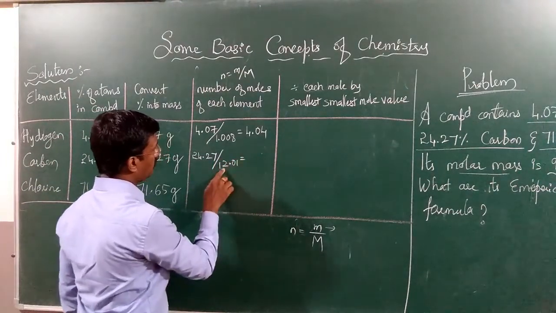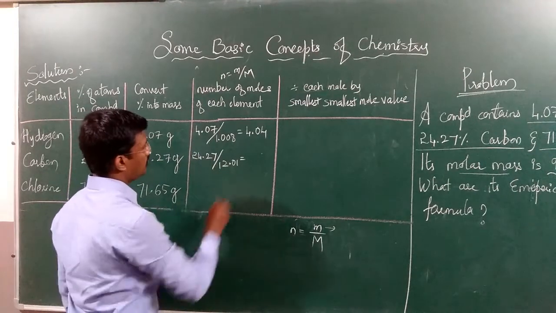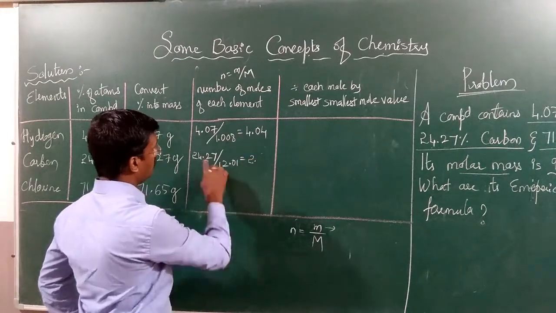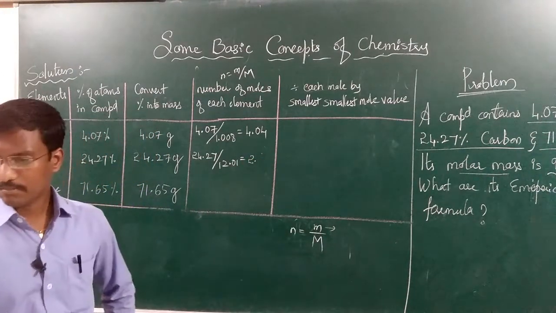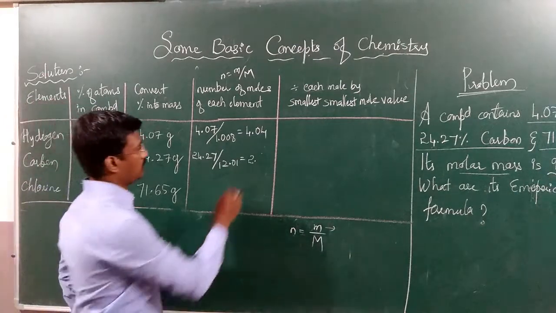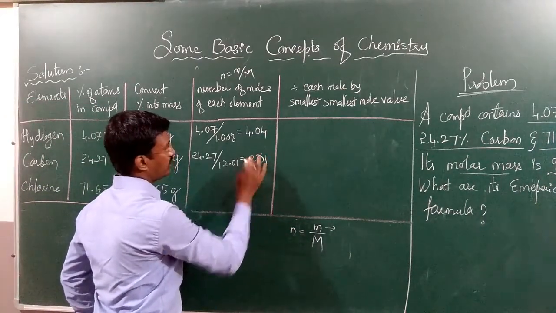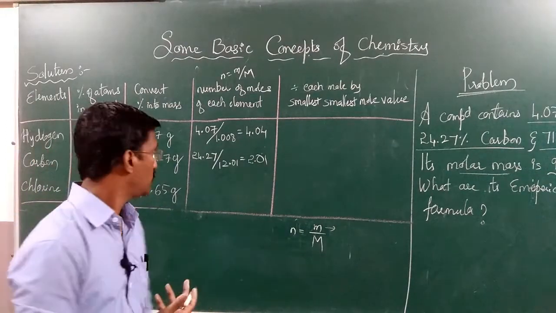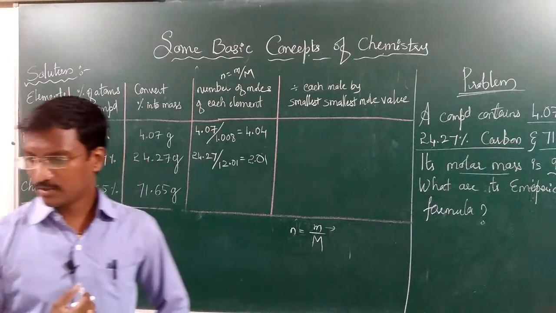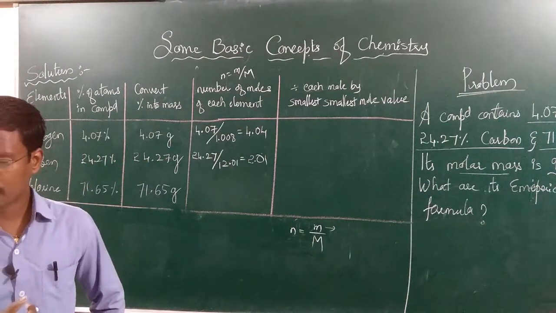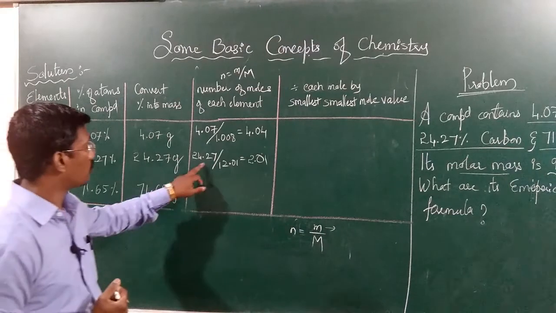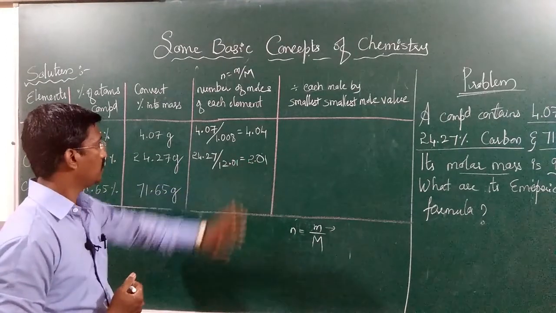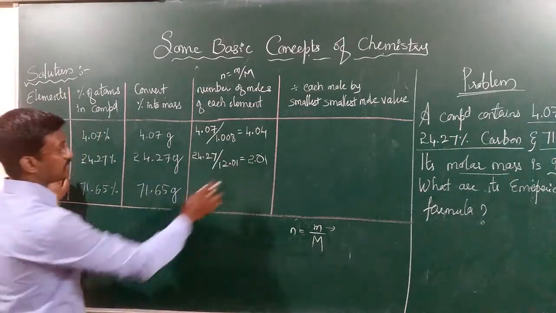So by dividing that one, 12 1 12, 12 2 24, so we will write 2 point, again 27 remains. By calculator we can do that one, because it will be easy, and you are allowed to use the calculator. Better use the simple one, because scientific is not allowed. I hope you are getting 24.27 divided by 12.01. We are going to get the value 2.01. So the number of moles of carbon present is 2.01.